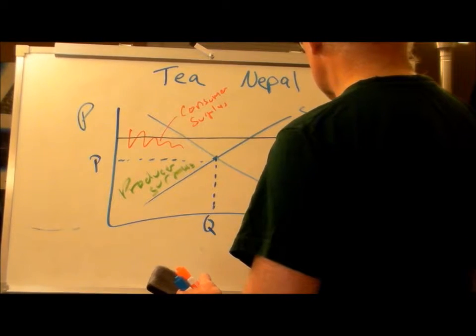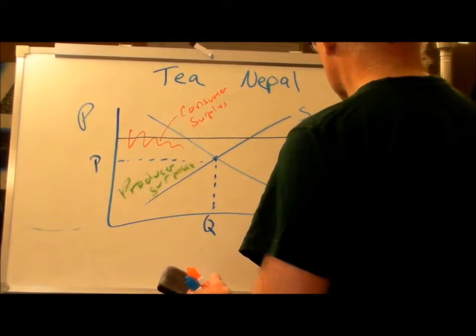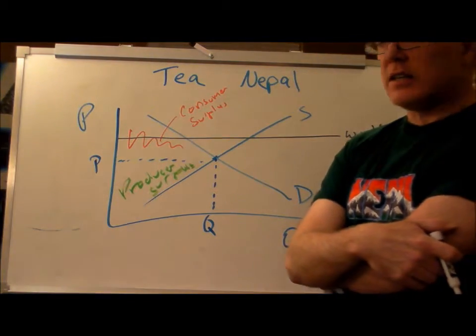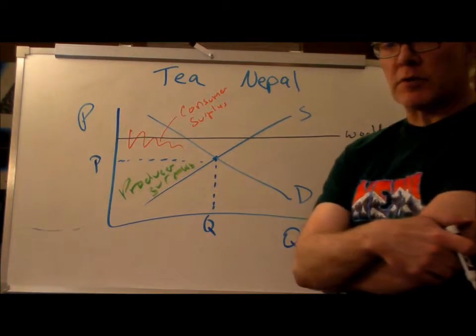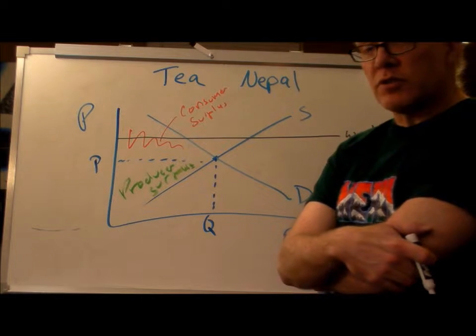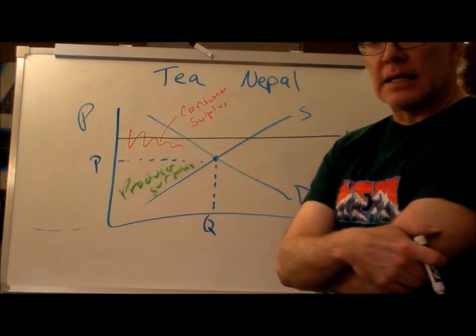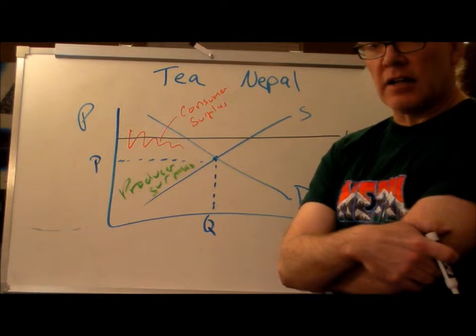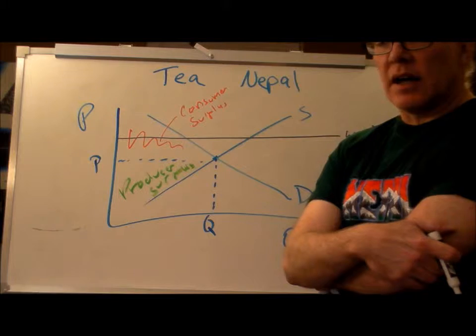This will be the world price. So if the world price of tea is above the equilibrium price within the country, that means the producers of the tea can sell as much tea as they would like to sell at the world price.